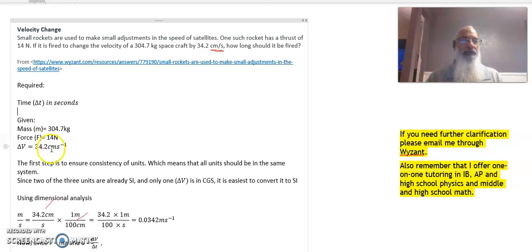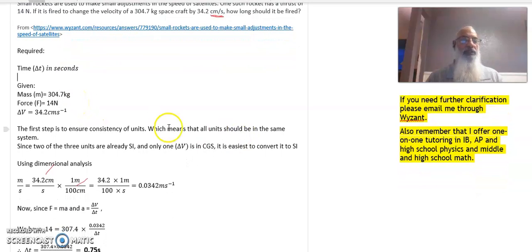Since we have an answer that could be in any units really, because seconds are part of all the systems, rather than changing two units, it's easier to change just one, and that's what I propose we do. You can always change those other two units and solve your answer in CGS and still get the same answer in seconds. But like I said, it's much easier to deal with SI units anyway.